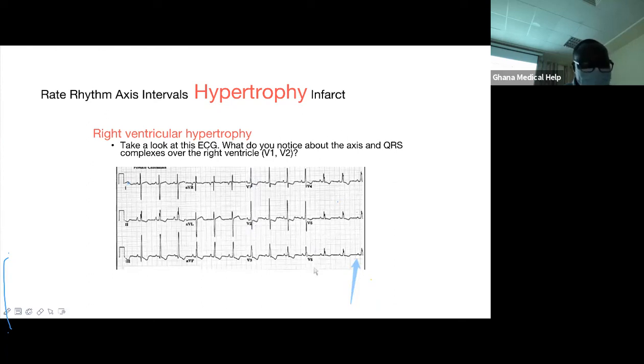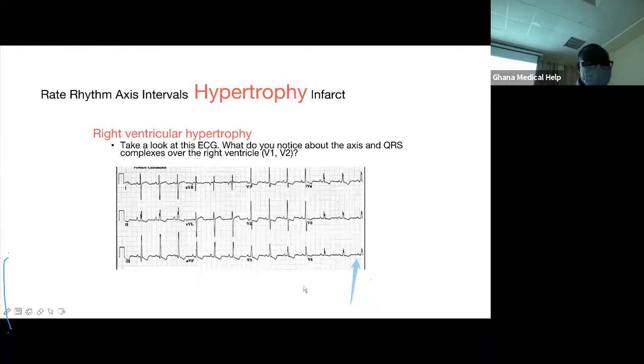The reverse is true if you get to V5 and V6. In V5, the R wave, although a little bigger, now has an S wave there. So you realize the R wave progression is a poor R wave progression. And the R wave in V1 is bigger than the S wave, which is not normally what should happen, because the bigger mass is in the left ventricle.